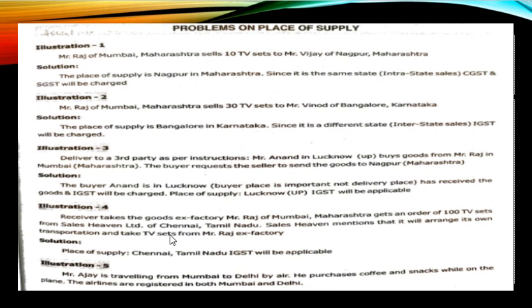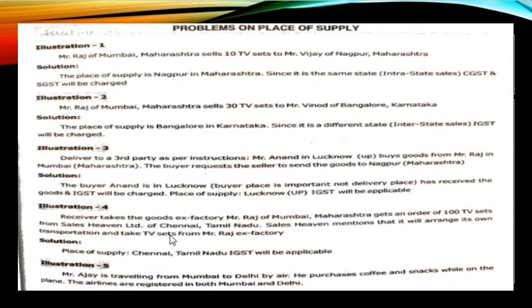So here Sales Haven mentions that it will arrange its own transportation. Now if you look here, the place of supply is Chennai, where the buyer is. So IGST will be applicable. The fact that the goods are transported by the buyer itself will not be applicable.